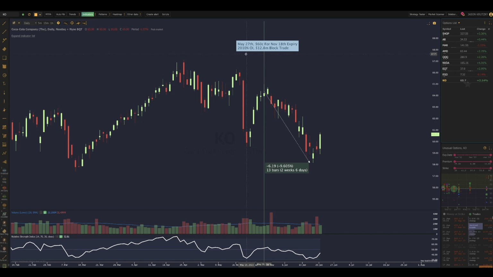So what we assume in this particular instance is that maybe this particular buyer is selling these calls, not buying them. And what happens? Price pulls back, and from the lows, this thing was trading down 10%. If in fact somebody did sell these calls, this again would be another huge windfall for this particular market participant.